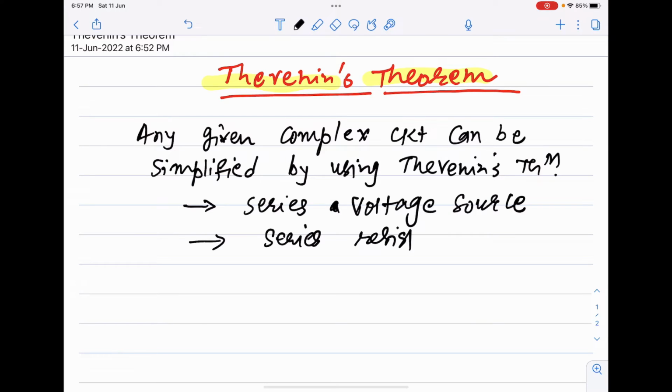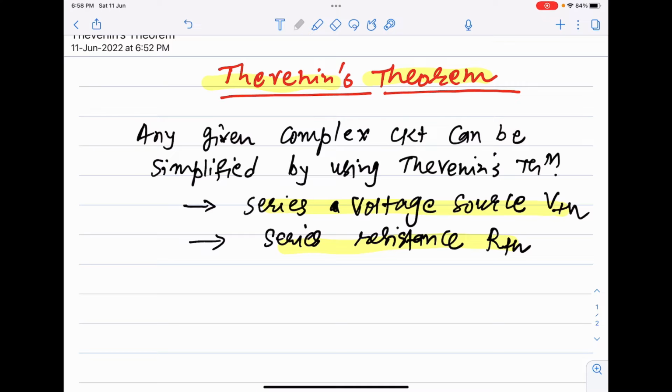This series voltage source is called the Thevenin voltage source, and normally we will use the letters VTH, and the Thevenin resistance is the series resistance, and normally we will use the letters RTH for the series resistance. So any complex circuit can be converted into a simple circuit by using Thevenin theorem, and this circuit will consist of a series voltage source VTH and a series resistance RTH.